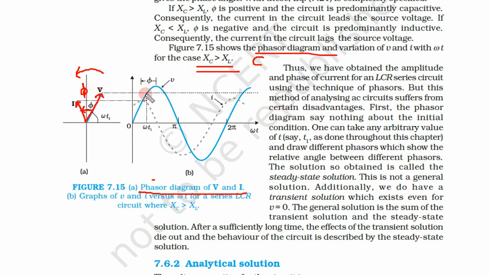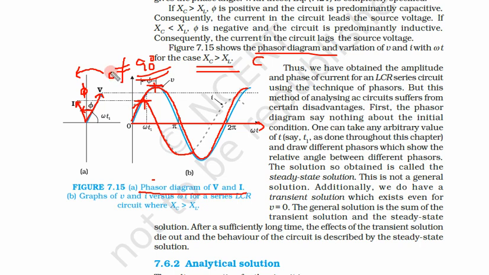Now let us see what is happening in the wave diagram. This is voltage V, going like this. Now if we see current, this is our current. We see that current peaks before the voltage, but here it is not exactly a 90 degree angle.